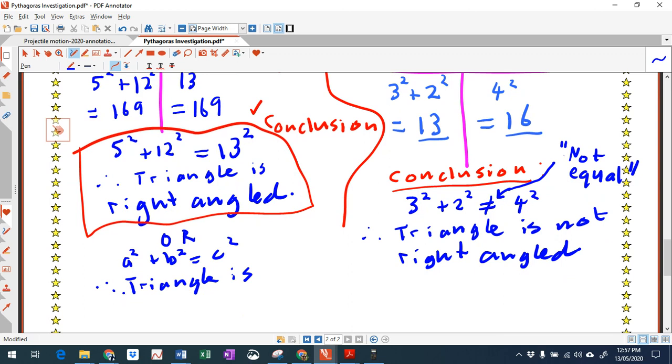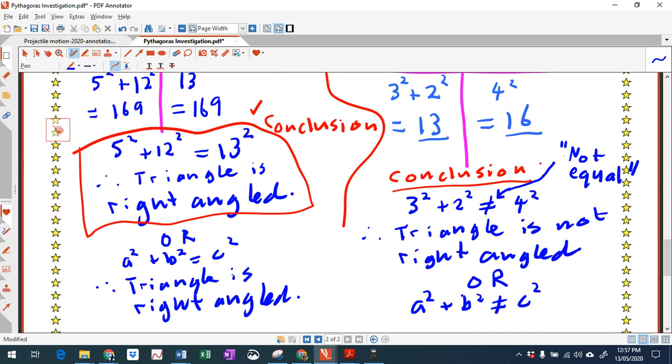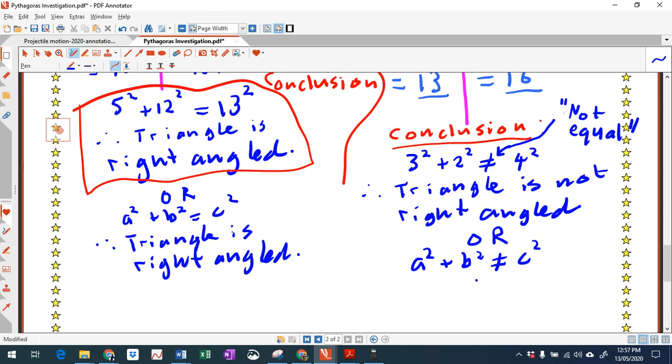Okay, so that's another way of writing the conclusion you might see in some textbooks. Over here, same thing, but with a not equal sign. You could write a squared plus b squared is not equal to c squared, and then the conclusion would be, therefore, triangle is not right angled.